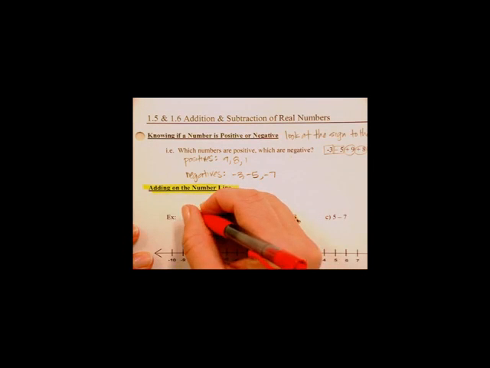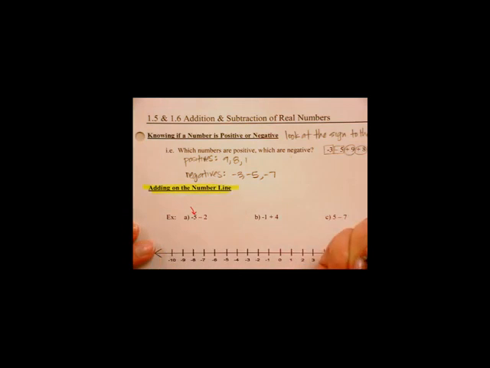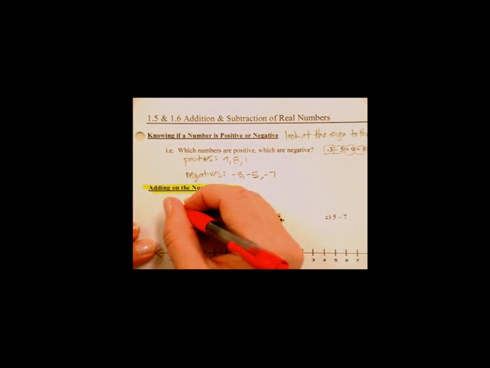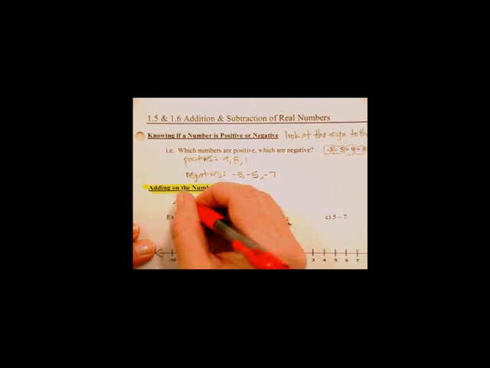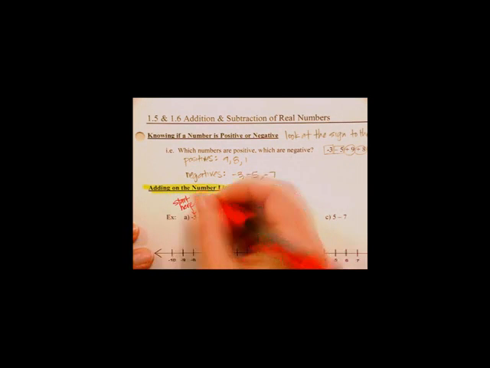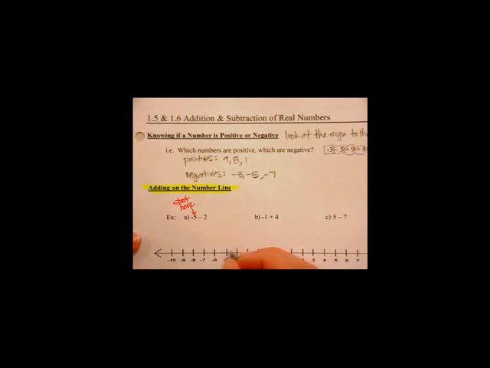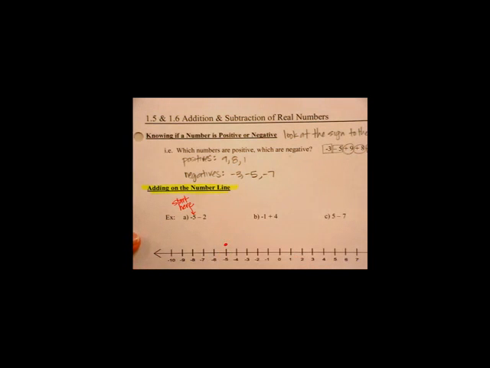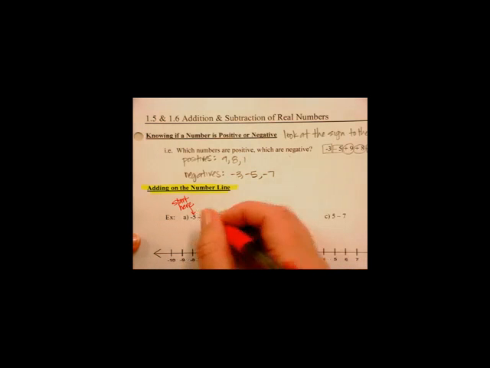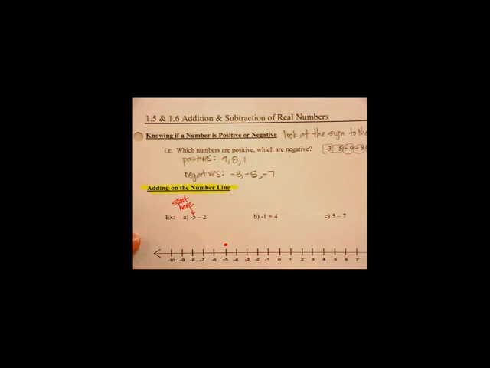This negative 5 tells me where to start. So I'm going to start at this negative 5. This minus 2 gives me a direction. It tells me to go left in the negative direction 2 spaces.